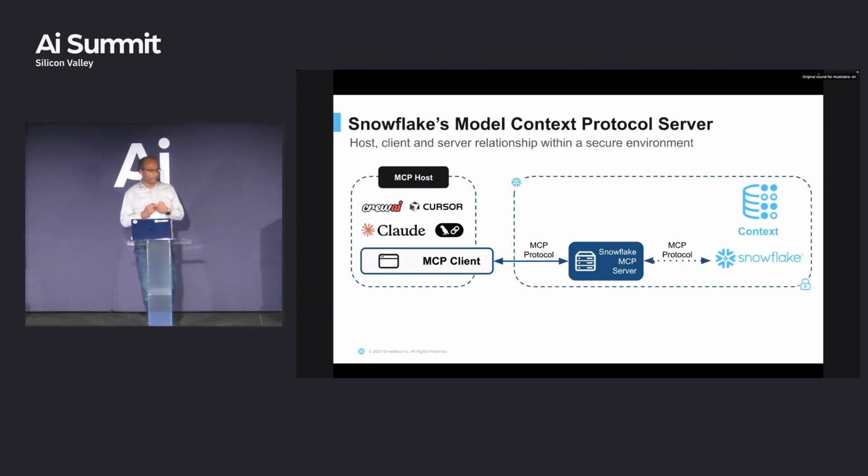One of them is called Cortex Search. Cortex Search provides a way to search unstructured data, so think of data that's extracted from large PDF documents or emails and call transcripts and so on. Cortex Search is a tool that will help you index such data and then search over it.